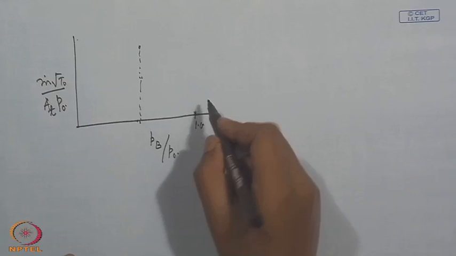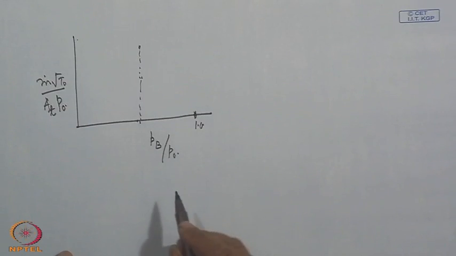At P b by P 0 equal to 1 there is no flow. So, no mass flow, 0 rate of mass flow.